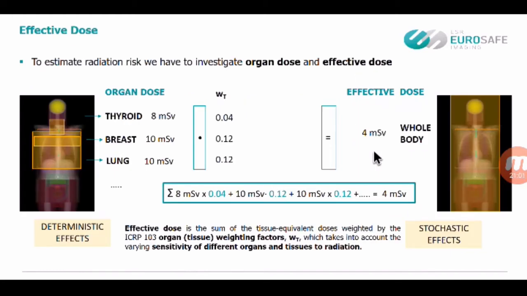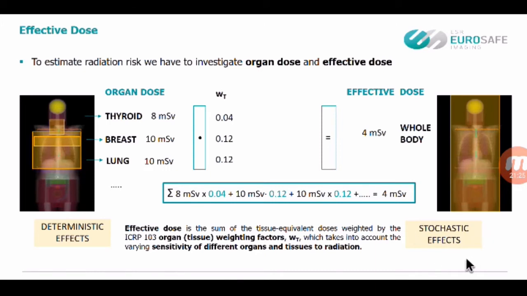So we said effective dose is the sum of organ doses, each one weighted with a specific factor, and they are summed together to give the whole body effective dose. And effective dose is related to the stochastic effects and stochastic risk.